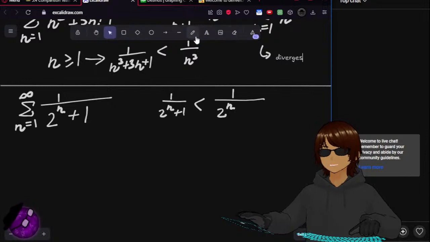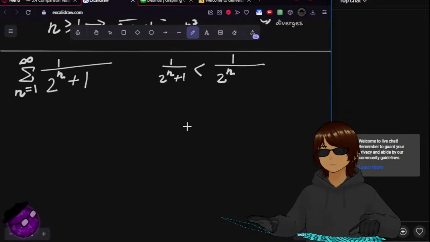Now for this one, just 1 over 2n I think is good enough, because this will always be greater. No, 2 to the power of n plus 1 will be greater than 2 to the power of n. So 1 over 2 to the power of n plus 1 will be smaller than 1 over 2 to the power of n.